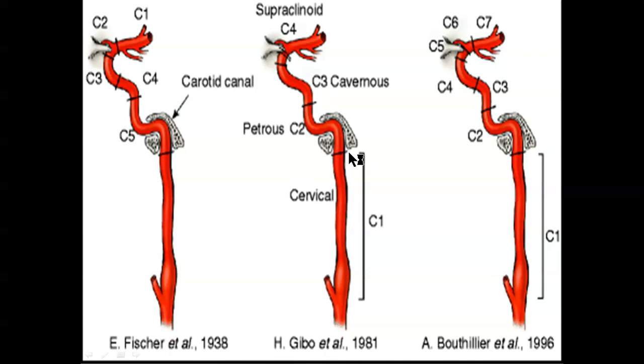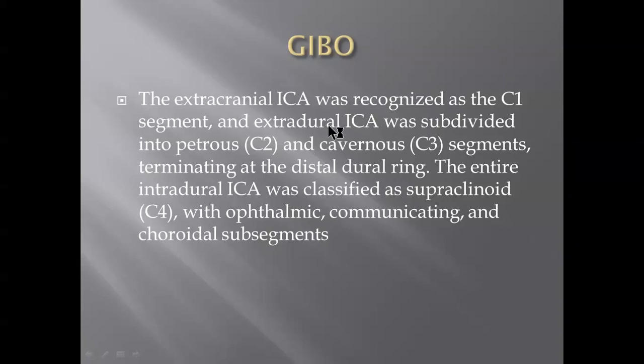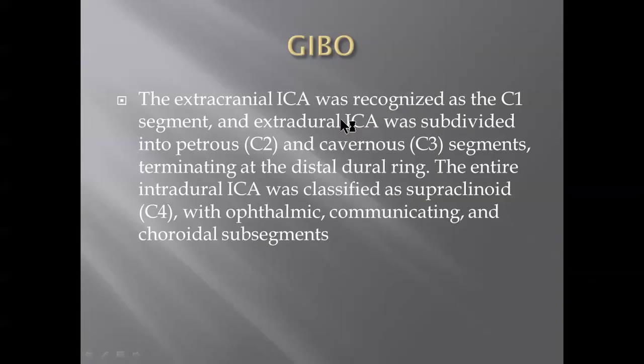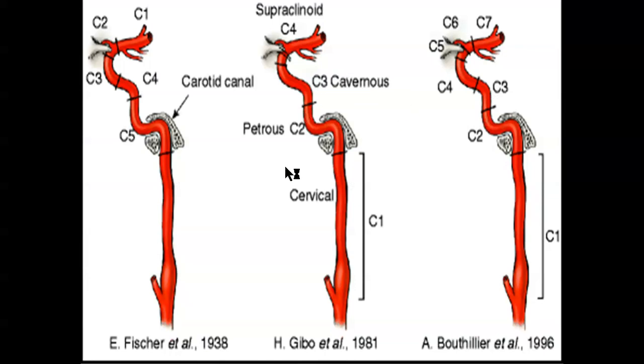So hence it is the extracranial part over here. Then the extradural part is divided into the Petrus part over here and the cavernous segment. And this one is the cavernous segment.